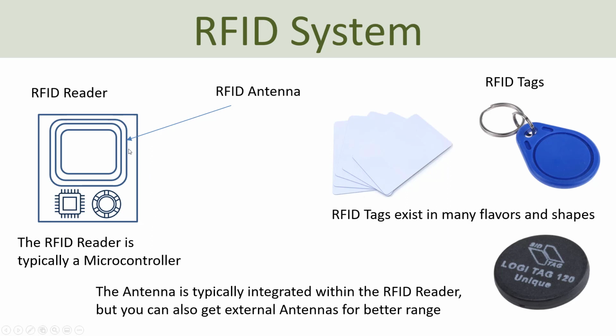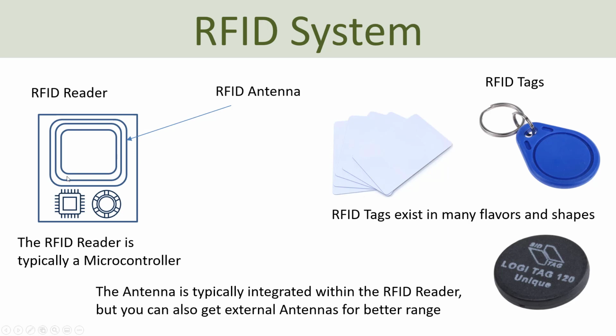Typically in an RFID reader you have a built-in RFID antenna that picks up the signals from the different tags. And typically this RFID reader is a microcontroller that comes with a USB connector that you plug into your computer.